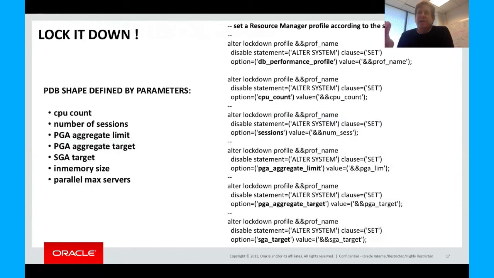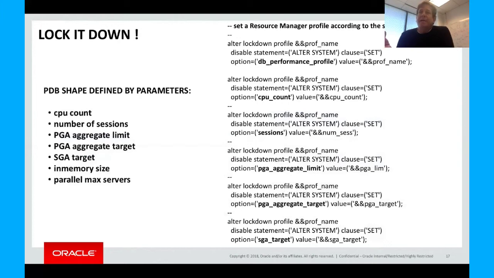And as I said, it's a declarative way to enable or disable certain functionality at the statement level. So in this case, I'm either enabling or disabling alter system, but that would be true for alter session. It could be true for alter database.